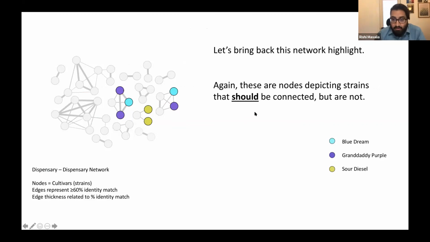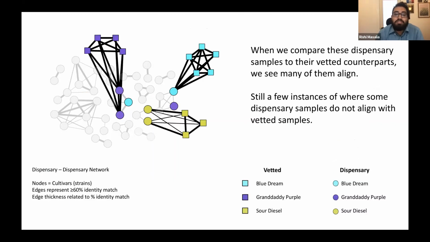So bringing back this network, we again see that there are nodes that should be connected but are not. Again, these two granddaddy purples are connected, but this third one isn't, and these two blue dreams are not connected. So what we did for this analysis was we started to layer on vetted or voucher specimens, as indicated by these squares.